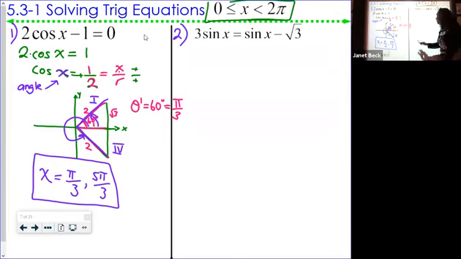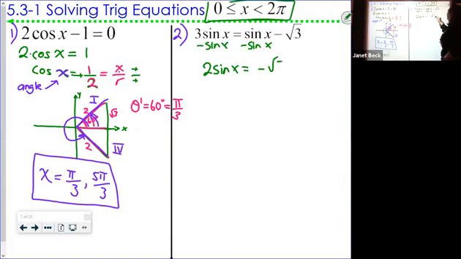What we're going to do is, we've got 3 sine x's on this side and 1 sine x on this side. We're going to solve it for the sine of x. So bring all of your sine x's to the same side by subtracting sine x. It's just how we solved the problem on number 2 in the warm-up.